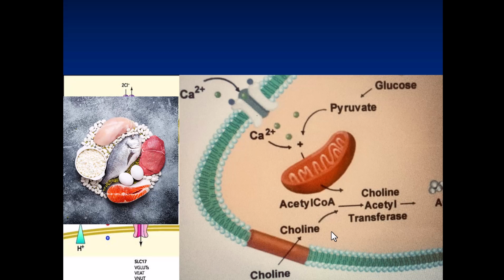Under the influence of the enzyme choline acetyltransferase, acting on acetyl CoA and choline, acetylcholine is synthesized, and then this acetylcholine is loaded by active transport into the vesicle.